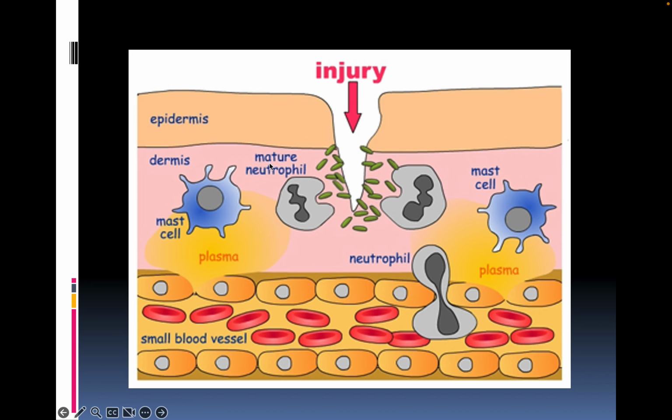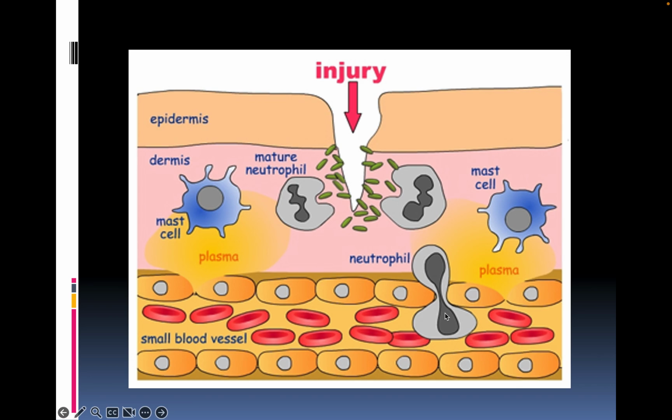As they get triggered, they explode, they release histamine. This causes plasma to leak, so it increases blood flow to the area, causes this plasma to leak into the tissues, which is what causes the swelling. If you get a cut, you'll see swelling and redness around the cut. It's from these mast cells that are exploding and releasing the histamine.